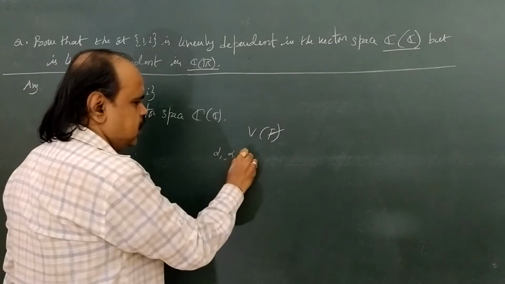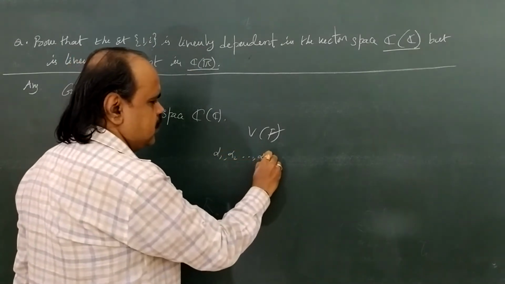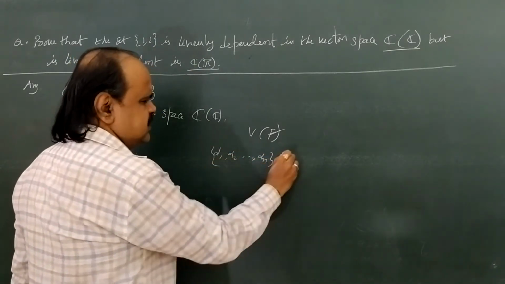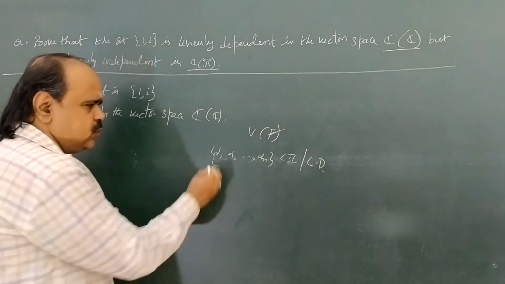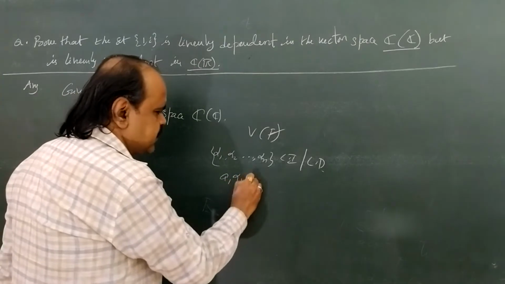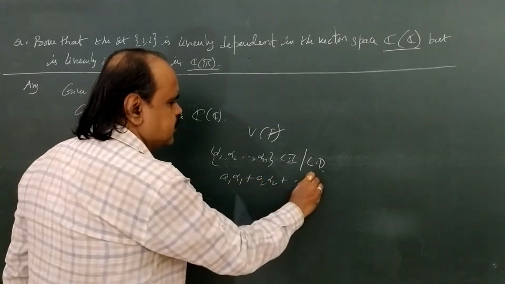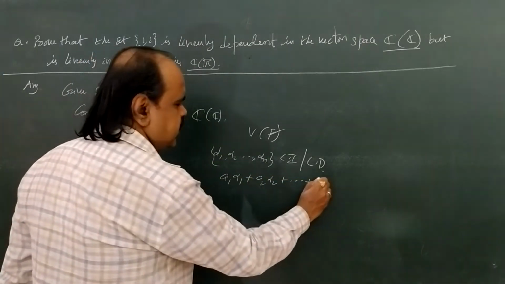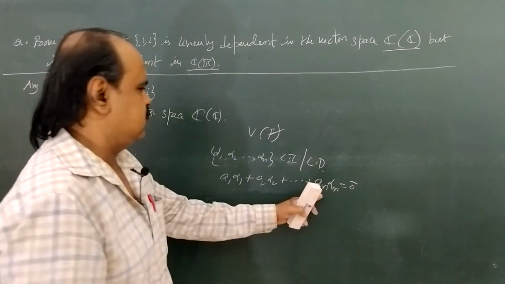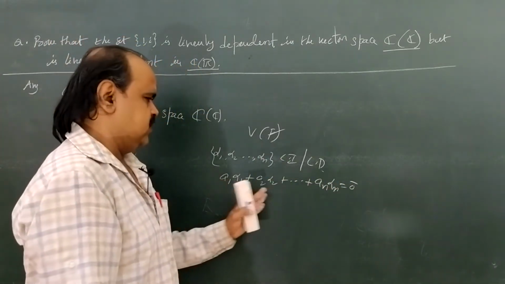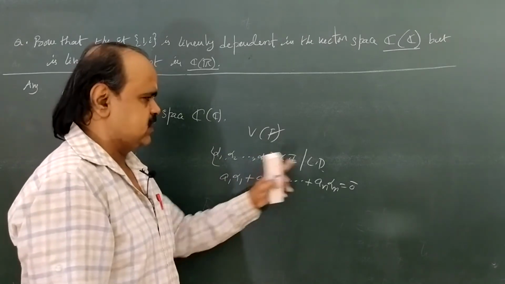If we want to show alpha 1, alpha 2 and so on alpha n, for example, are linearly independent or linearly dependent, what do we show? If we represent the linear combination of alpha 1, alpha 2 and so on alpha n equal to 0 bar, if all the scalars are 0, then the set is LI. If any one of the scalars is non-zero, then the set is LD.